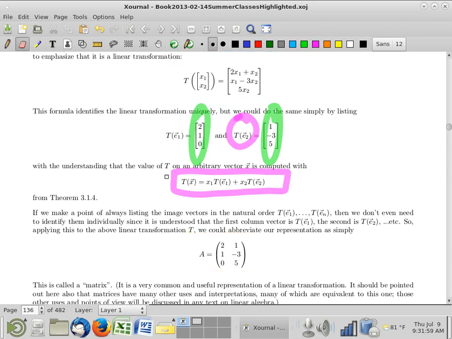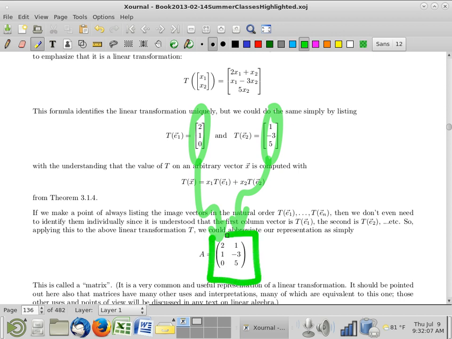So the idea then is that, let's just write those down in a compact, efficient form, like so. I'm going to make the image of the first standard basis vector the first column of this little array of numbers. And the image of the second standard basis vector, I'm going to make that the second column of this little array that I'm writing down here.